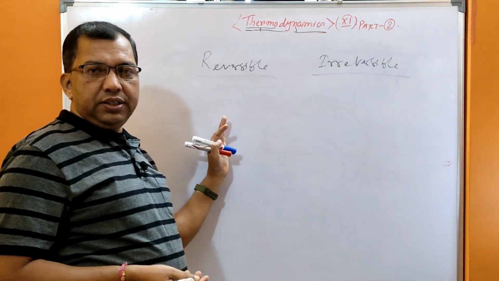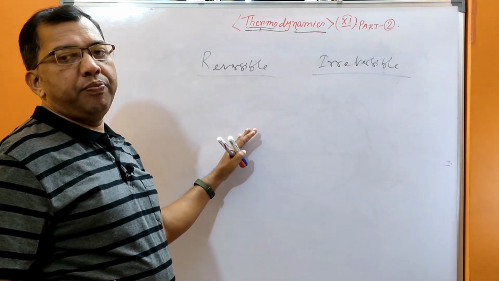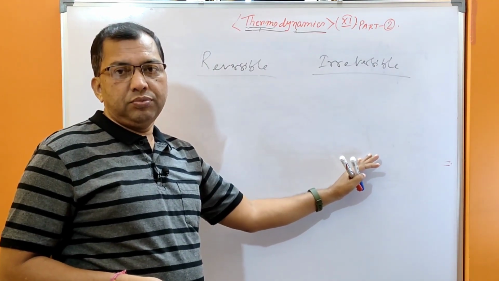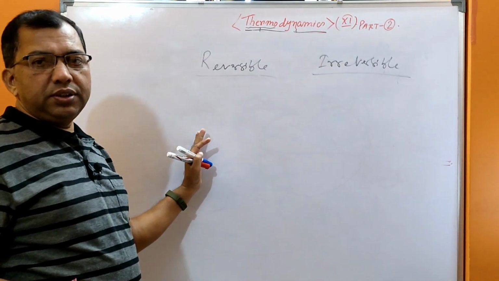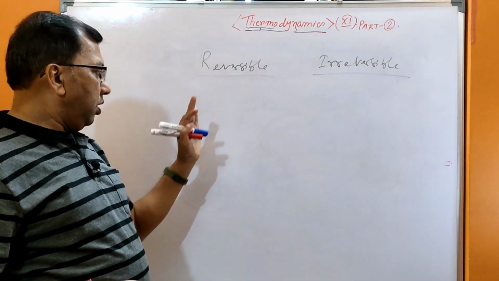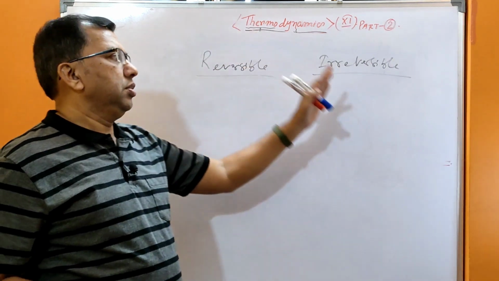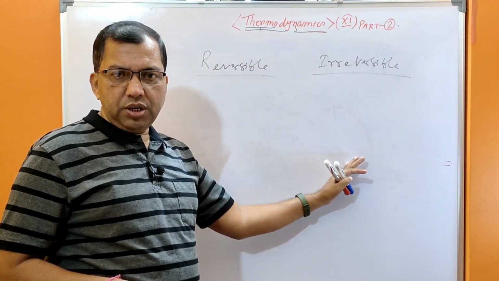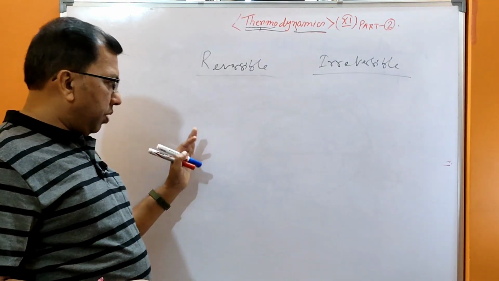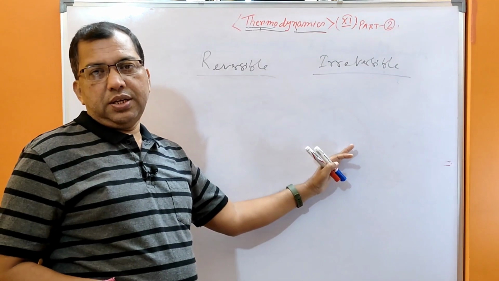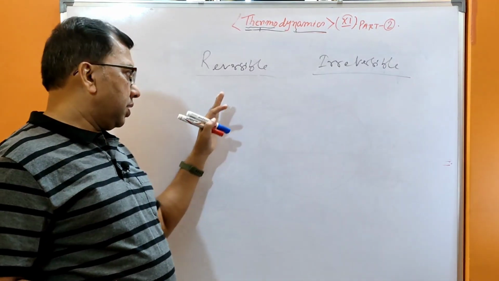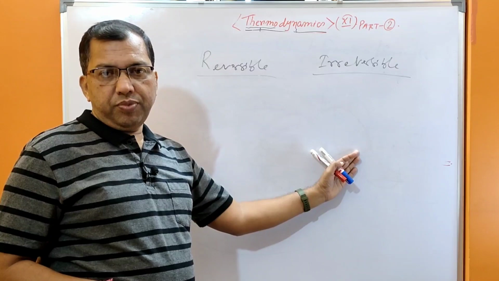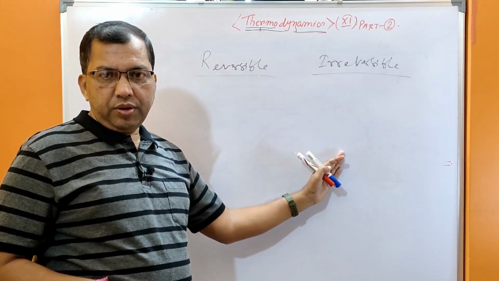Here work done is maximum, but here work done is not maximum. It is an imaginary process. This is a natural process. It takes infinite time, this takes finite, particular time.